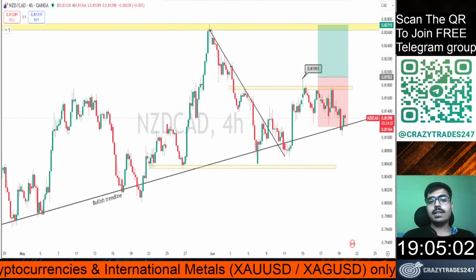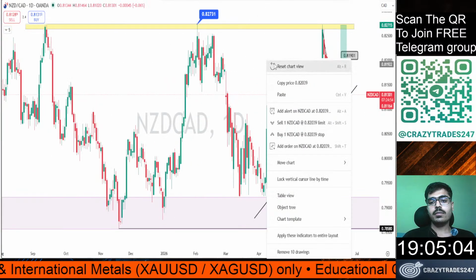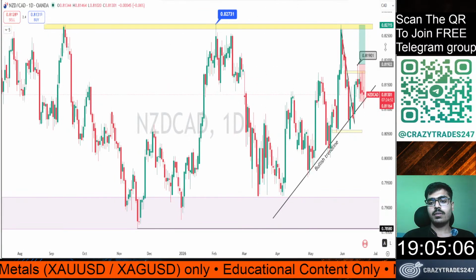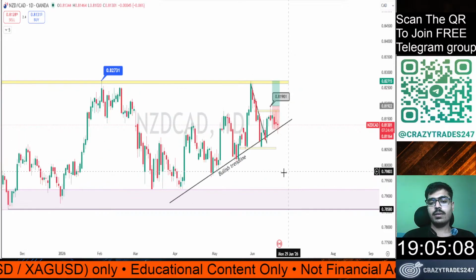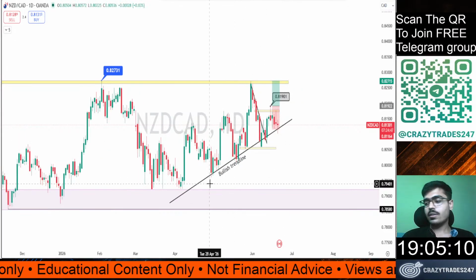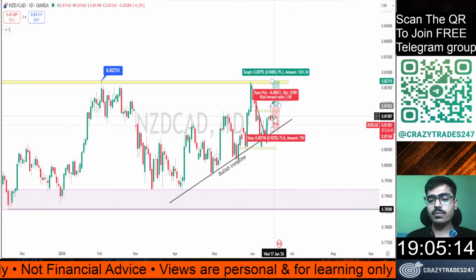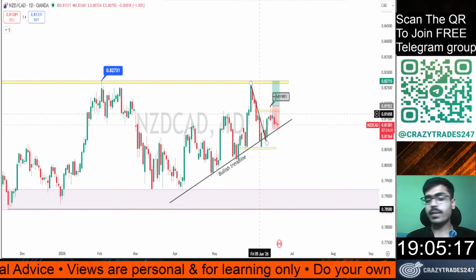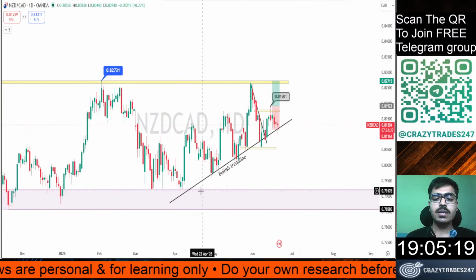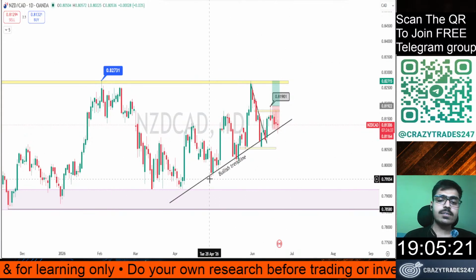Next, we have the New Zealand CAD pair, and yes, this is a bullish setup. I had made this once, but the levels need to be restructured. The underlying thing is this bullish trend line.